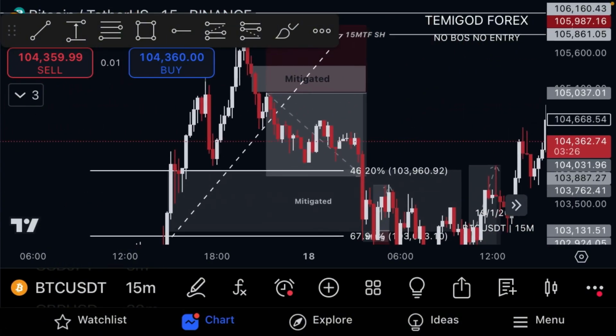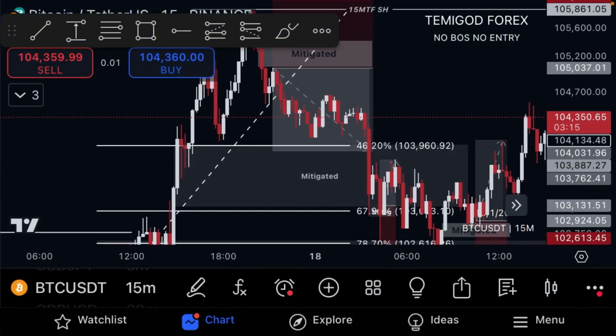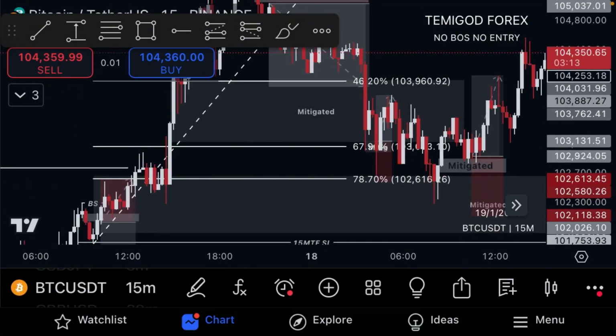So like I said, now we already have that valid pullback. Then we're going to be looking for prices to reverse to a particular place, be it the fair value gap area or the initial order block. Now let me tell you how this serves as a fair value gap area for us, and it also serves as an initial order block area as well.